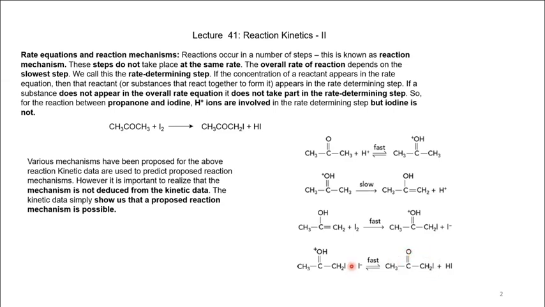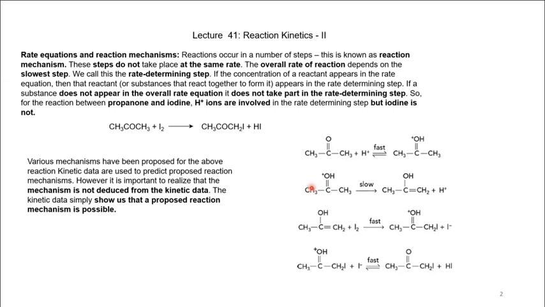Therefore, iodine is not a rate determining reactant, because this reaction is fast, and this reaction is also fast. We say that the slowest step is the rate determining step. So this reaction is the rate determining step.